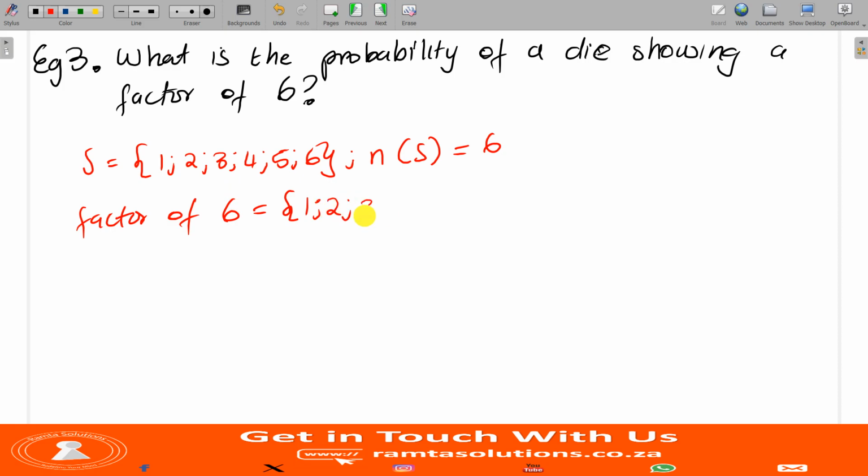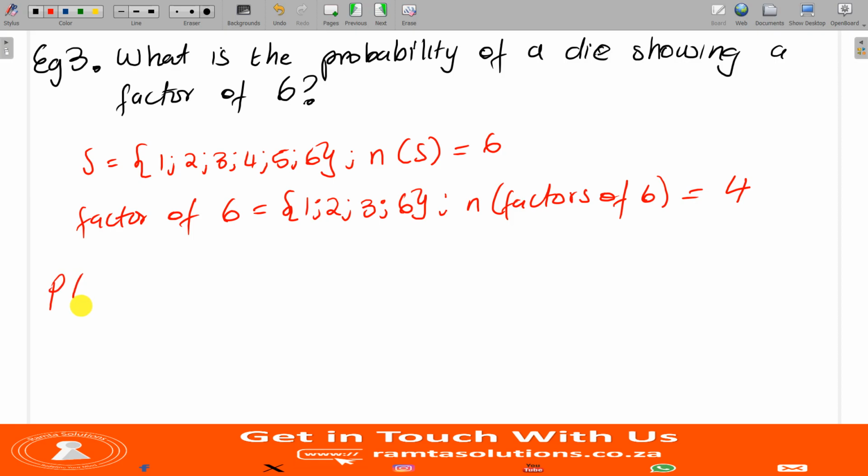It can also be divided by 3. It cannot be divided by 5. It cannot be divided by 4, but it can be divided by 6. So the factors of 6 are 1, 2, 3, and 6. So the number of outcomes of factors of 6, how many did we count? 1, 2, 3, 4. It's 4.